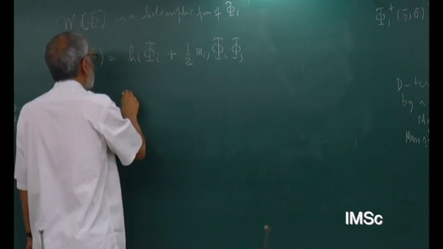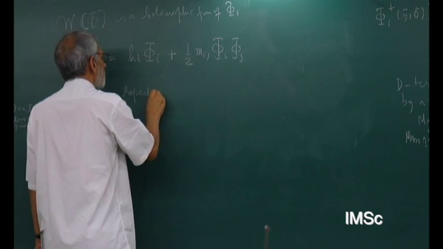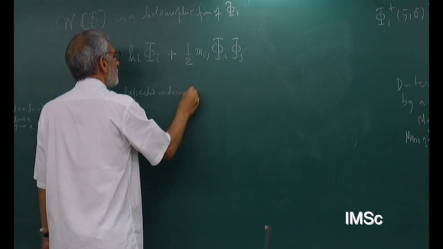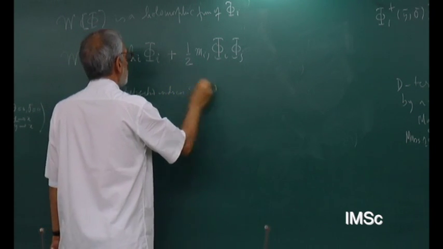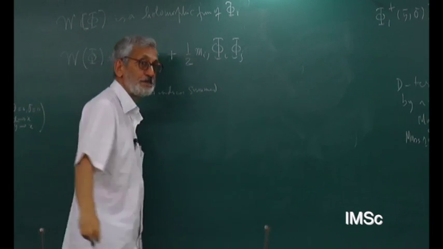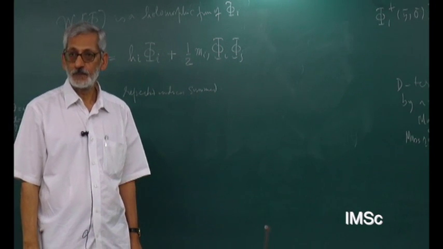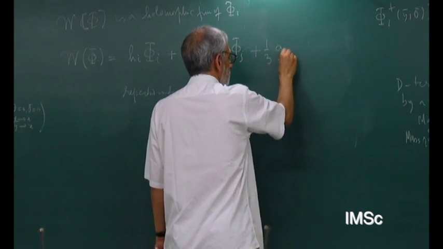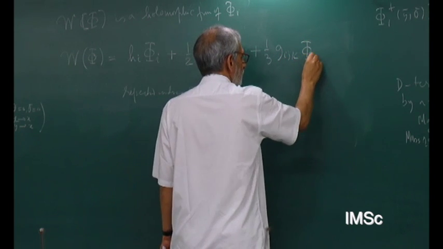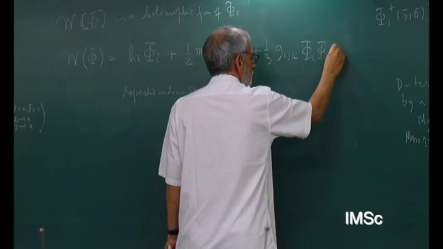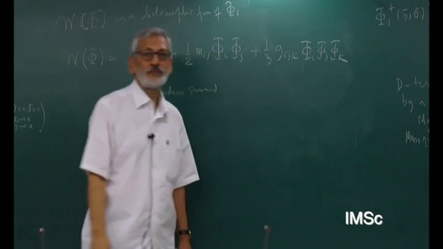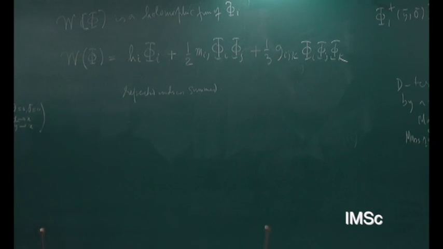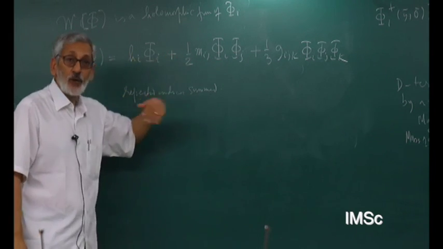Repeated indices are summed. So sum over i's, sum over ij's. Or I could also add these are the possible terms I can have in W. I could have more also.